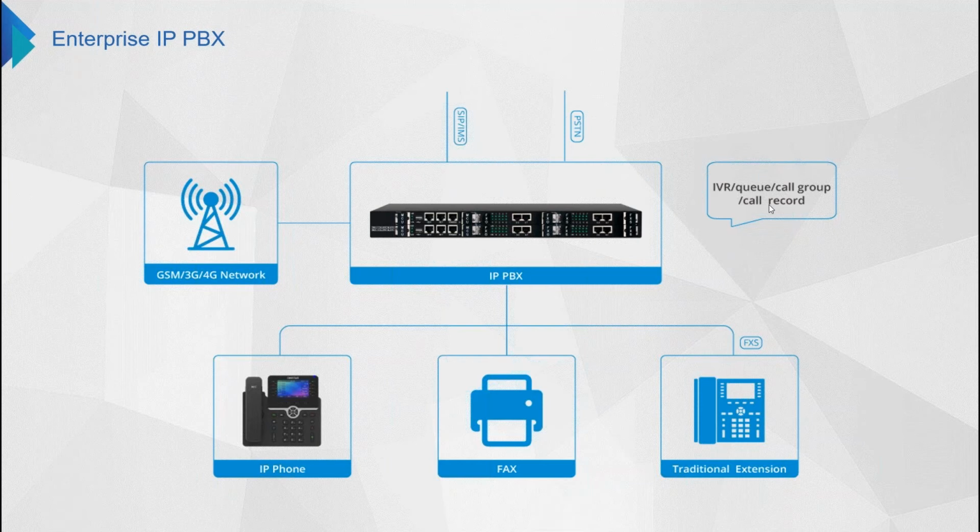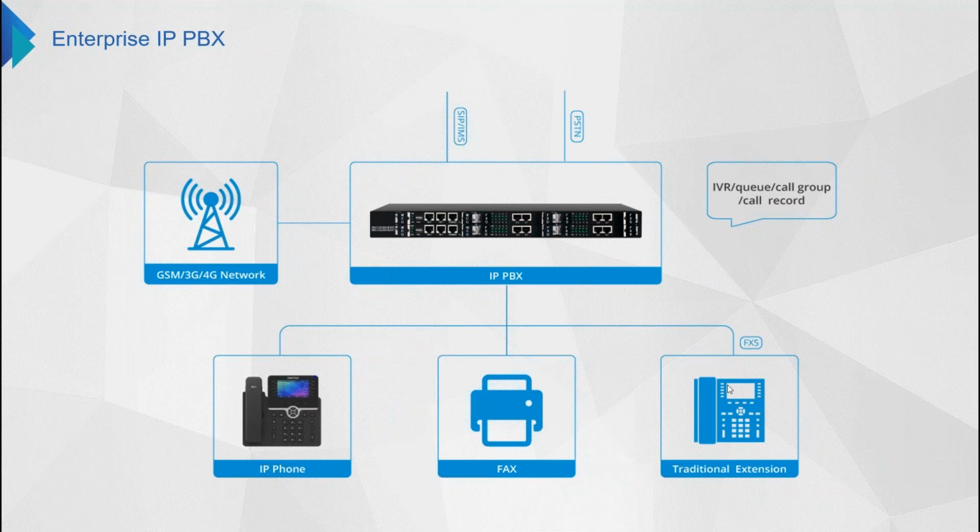I think most companies need the IVR, for example, press 1 forward, press 2 forward, and so on. Maybe you need the call queue to let people who make an incoming call consult a particular agent. Sometimes, if you have a sales department or technical department, a customer makes an incoming call and it is forwarded to your call group.